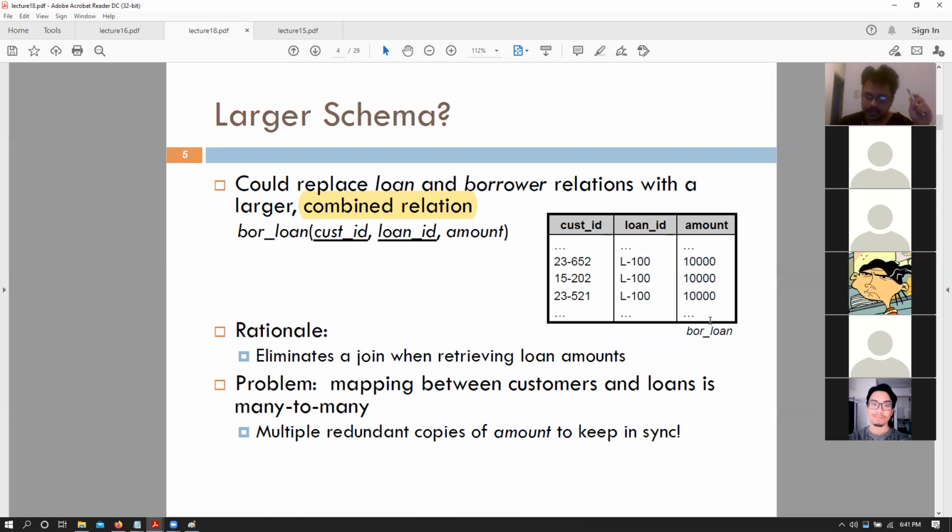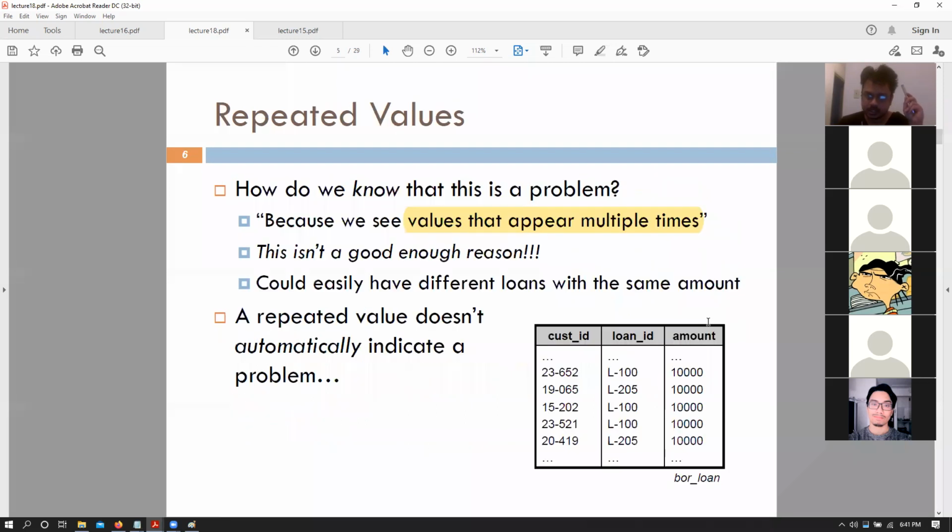But I need to clarify one thing in this situation, is that even if they are repeated values does not always automatically mean that things are wrong, right? You can note that, let's say that we have this table here. L100 loan ID has $10,000 as loans shared together by 3 people.